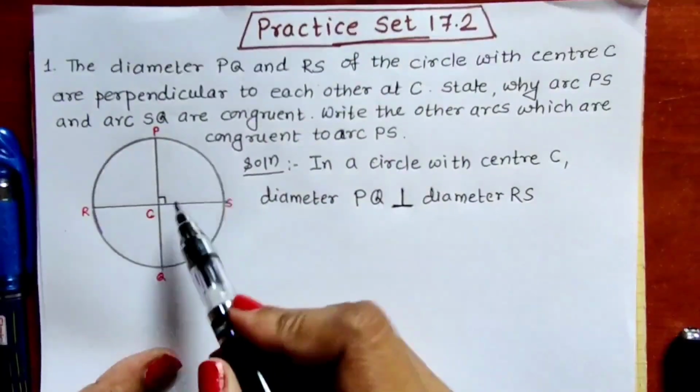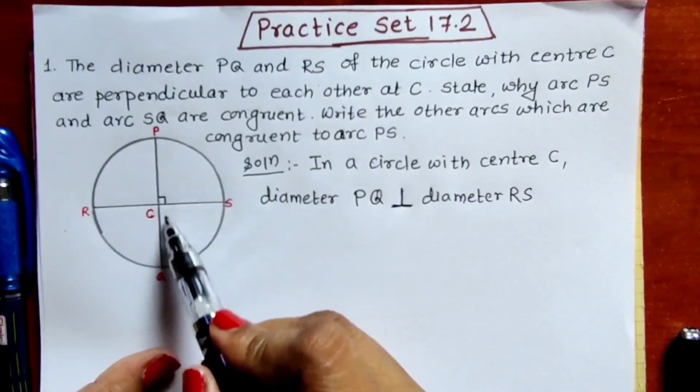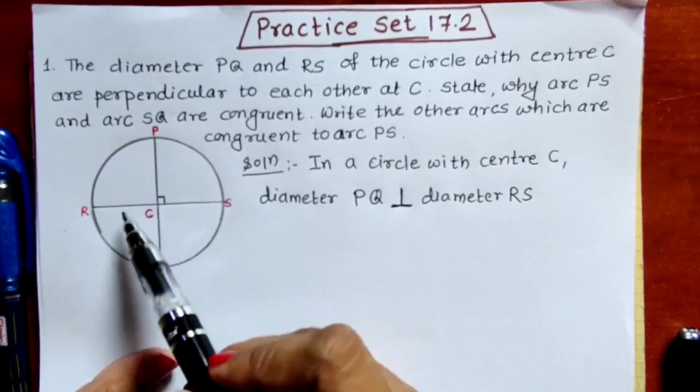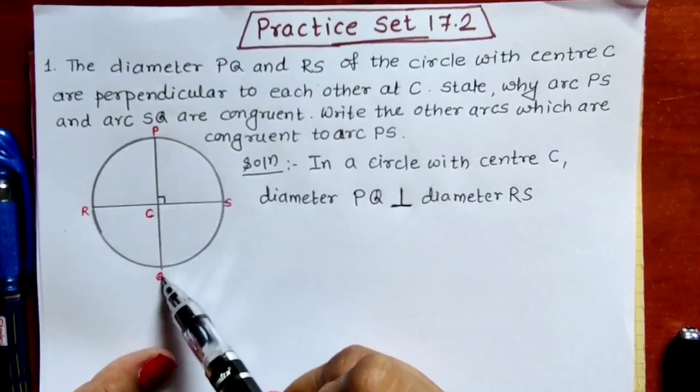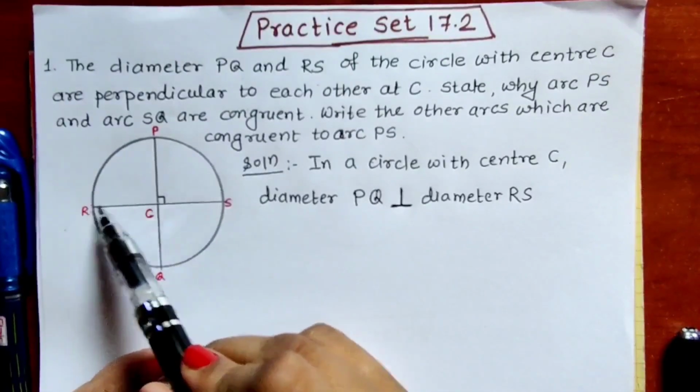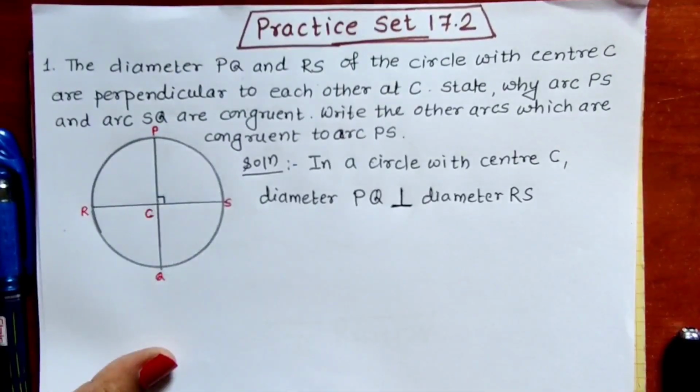So that means at their point of intersection 90-degree angles are formed. Here we can see four angles: PCS, CSQ, QCR and RCP. These four angles are of 90 degrees.